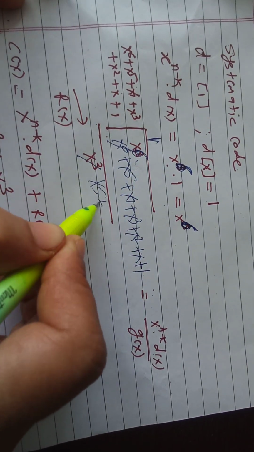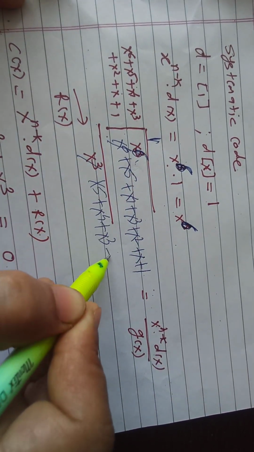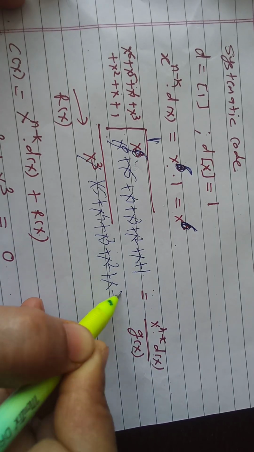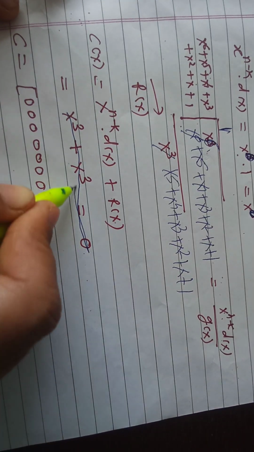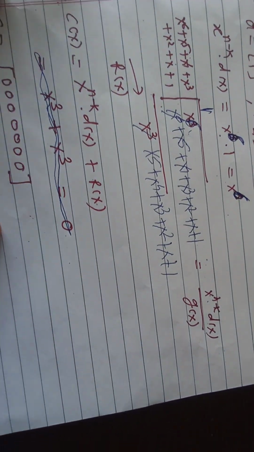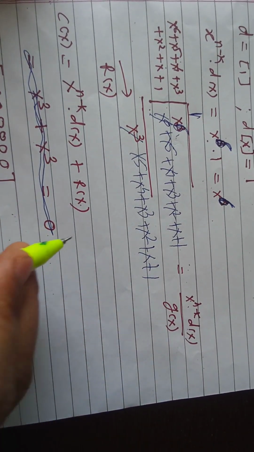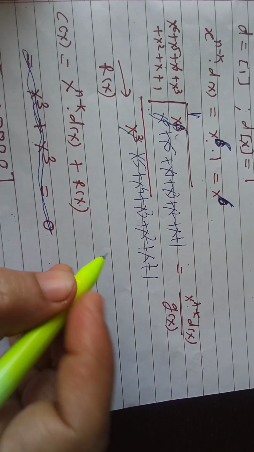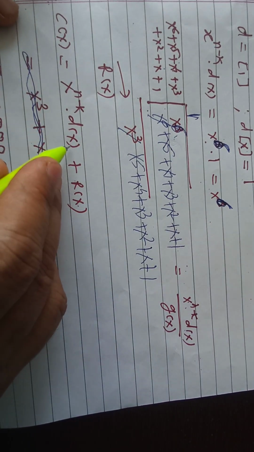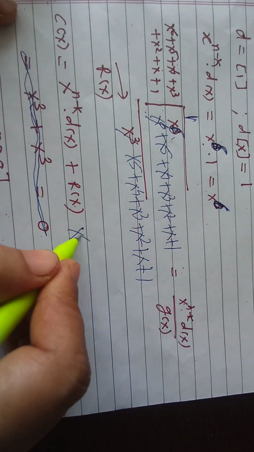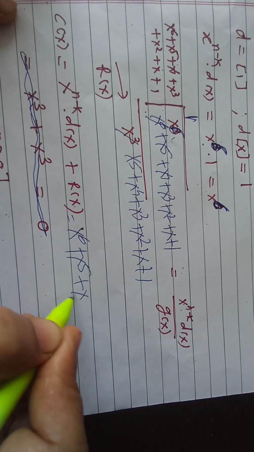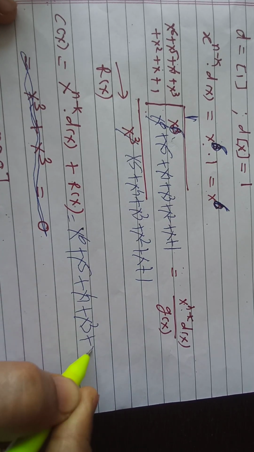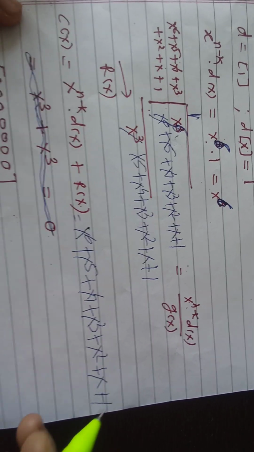Remainder is x5 plus x4 plus x cube plus x square plus x plus 1. So the earlier one was wrong. I was thinking too much, but still I decided let us do the video, and here only I got the answer. So x raised to n minus k dx is x6, and remainder is x5, x4, x cube plus x square plus x plus 1.